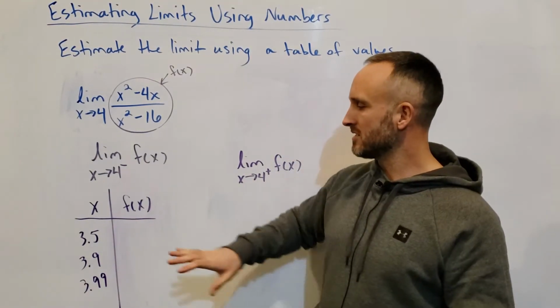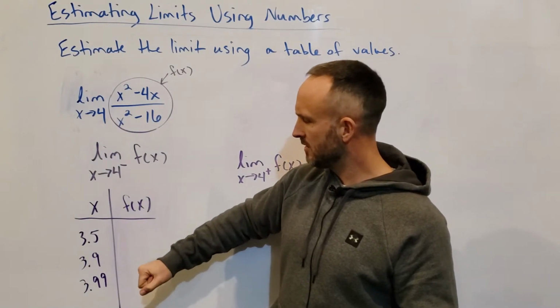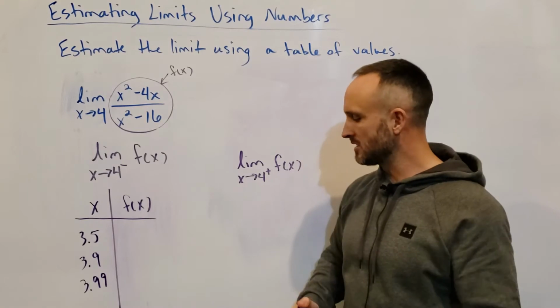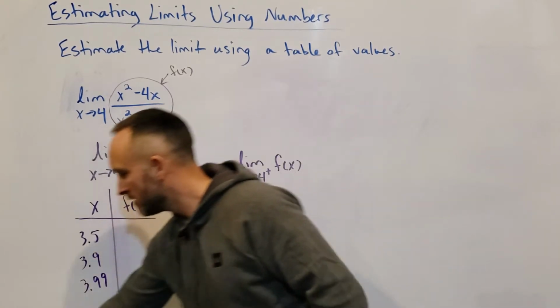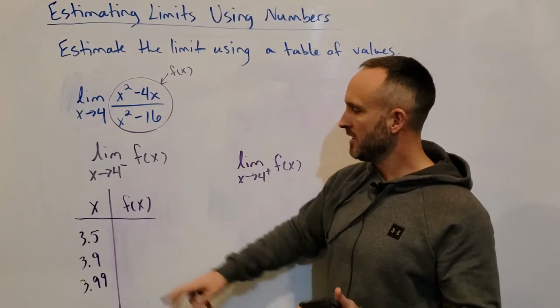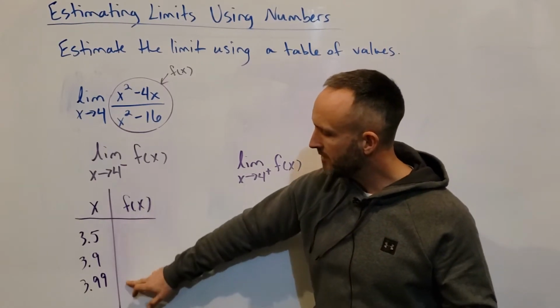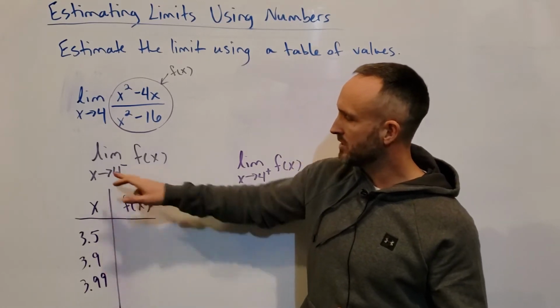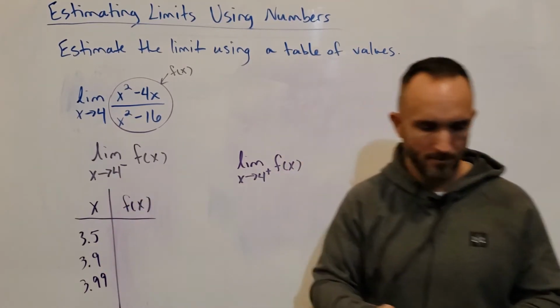So this is not a guaranteed way to find limits, but lots of times it's a pretty good way. So I'm going to use my scientific calculator here, which I'll show you in a minute, to figure out the function values that go with these inputs, and we'll see if we can determine what this left-sided limit is, okay?